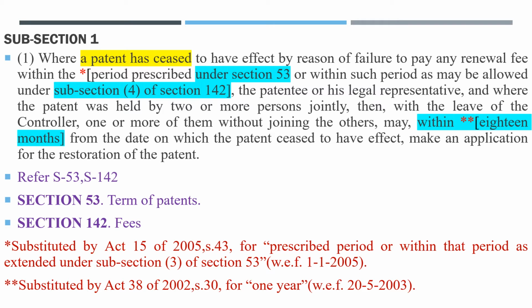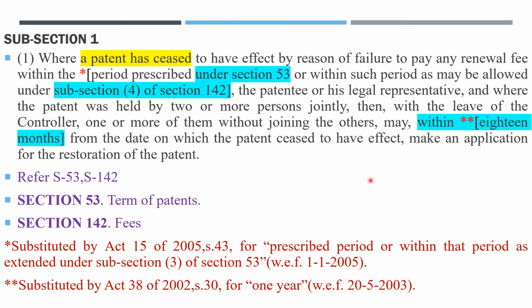Also, friends, you can see here the single star mark. The single star mark indicates that it is substituted by Act 15 of 2005, Section 43, for prescribed period or within that period is extended under subsection 3 of Section 53, with effect from 1st January 2005.